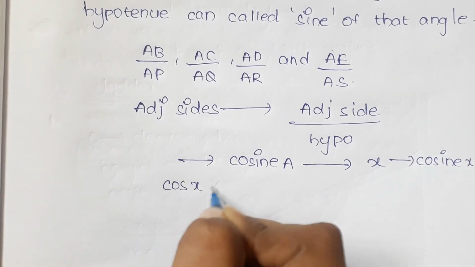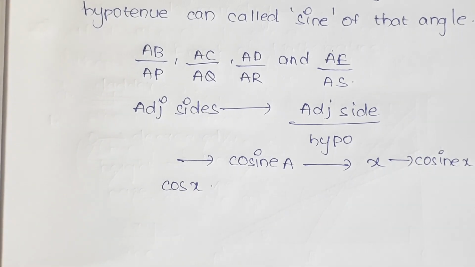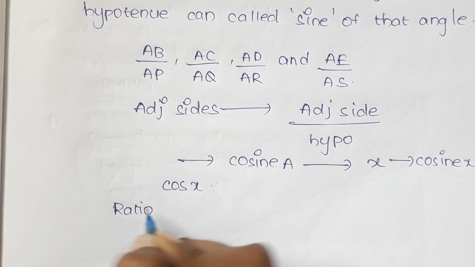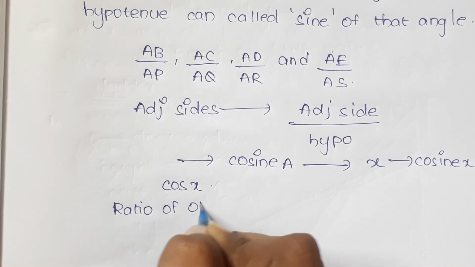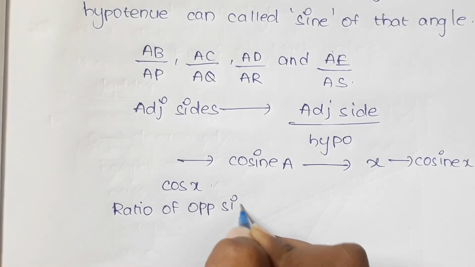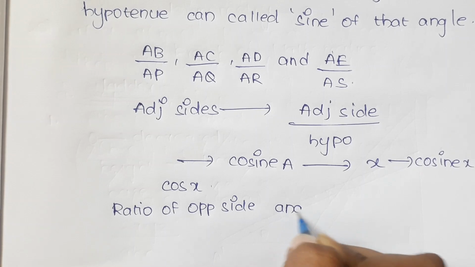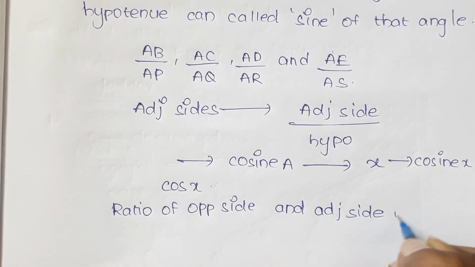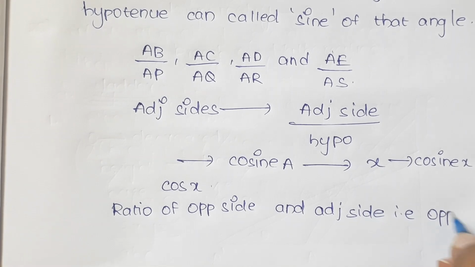that is nothing but cos x. And similarly, we have another ratio, that is the ratio of the opposite side and the adjacent side. That is opposite by adjacent.